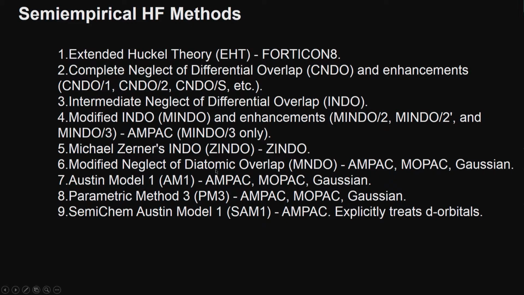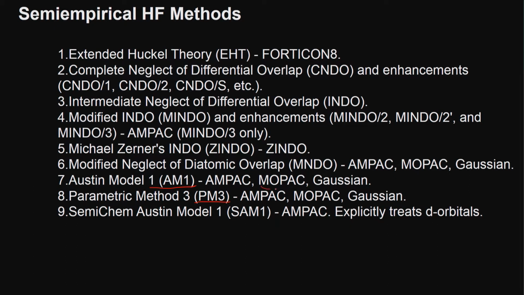Then modified neglect of diatomic overlap, AMPAC, MOPAC, Gaussian, then Austin model 1, AM1, AMPAC, MOPAC, Gaussian, parametric methods, PM3, AMPAC, MOPAC, Gaussian, Semi-Chem Austin model 1, AMPAC explicitly. So many different types of methods, and generally I would suggest, if you can use these, the AM methods and PM3 type of methods.